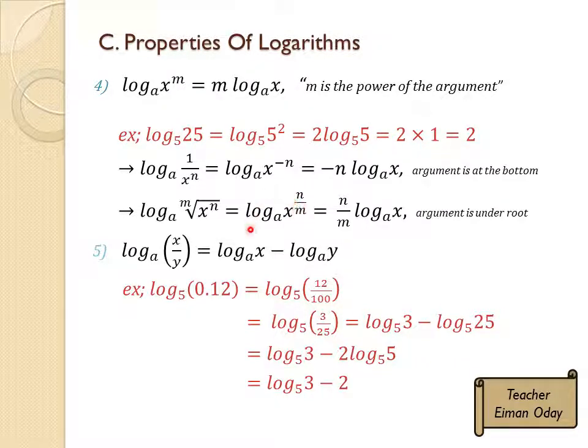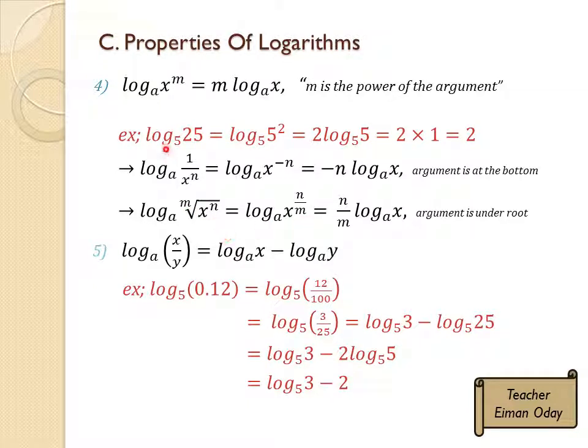I just multiply it by the logarithm. So it's going to be n over m multiplied by logarithm x to base a. For example, you can just put easy numbers like x power 1 under a square root and solve it.